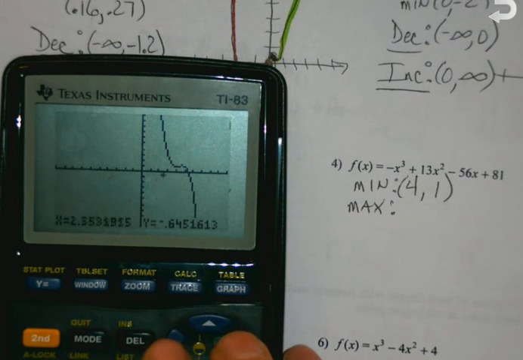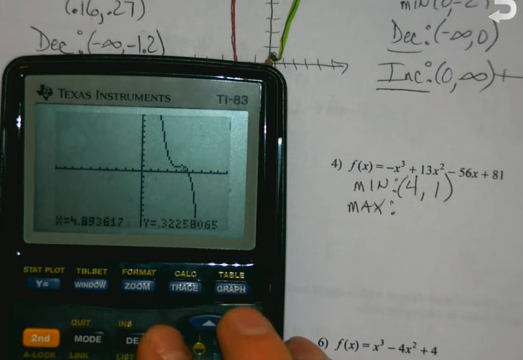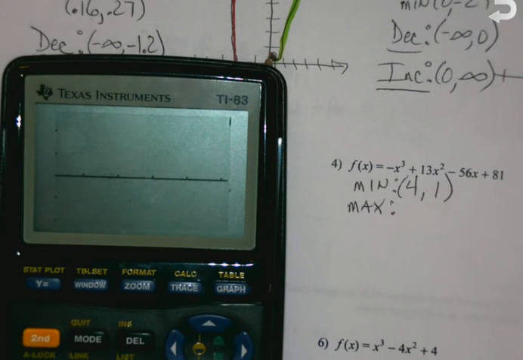I can put that cursor wherever I want, close to that point where I'm trying to test. Anywhere in there. If I was a little below, that's okay. A little above, that's fine. And I'm going to hit enter, and it'll do all of the work for me as far as zooming in.